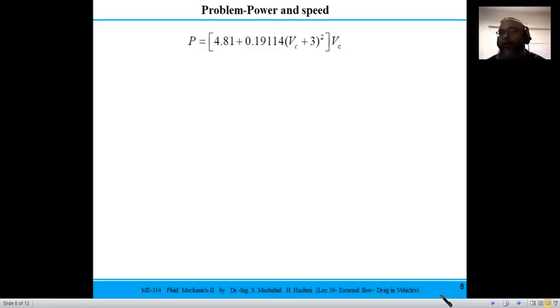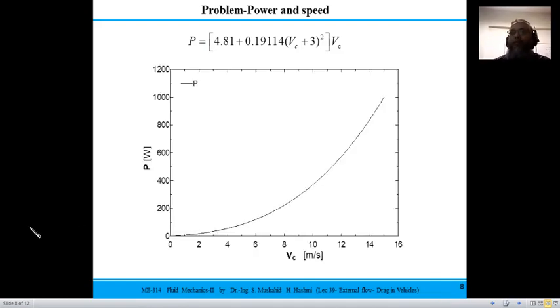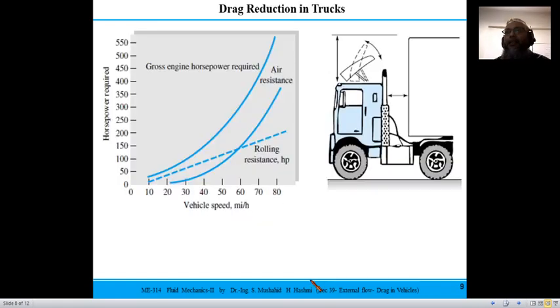So for this problem, we have the power and cycle speed relationship, and we have seen that there is a non-linear behavior. The power requirement varies non-linearly with the speed of the cyclist. The rolling resistance is a linear function of the speed, with vehicle speed plotted on the horizontal axis, and the drag force, due to air resistance, is a non-linear function.